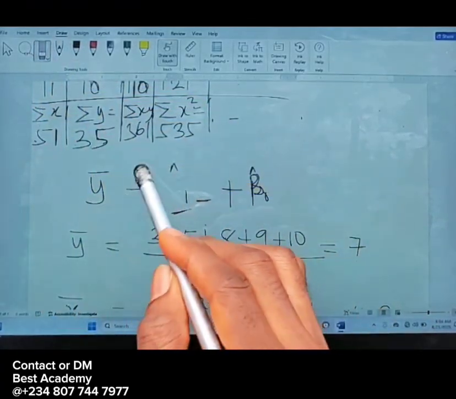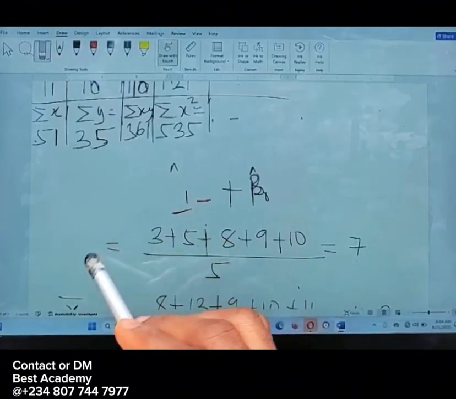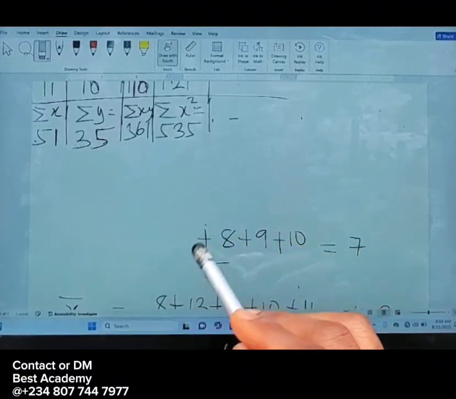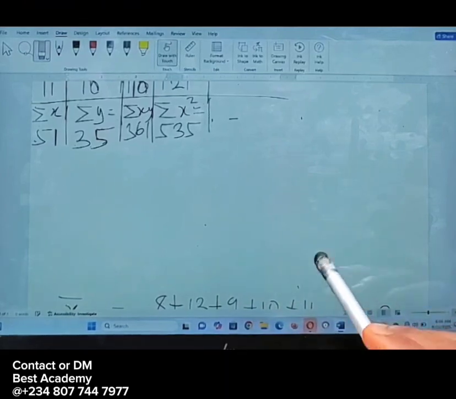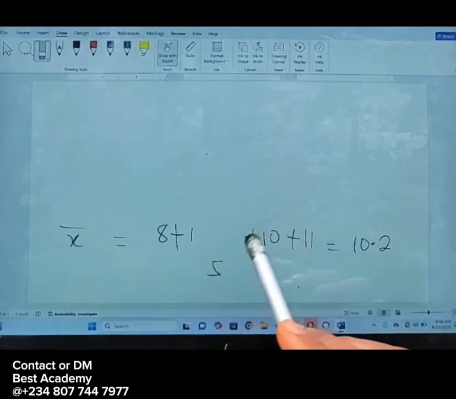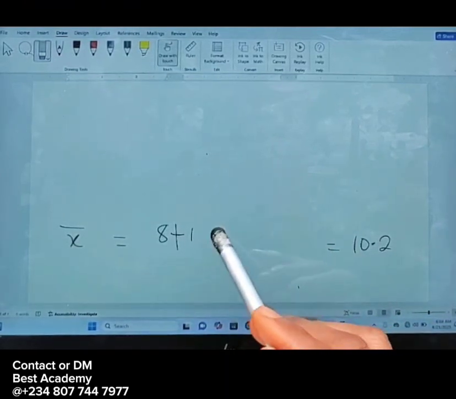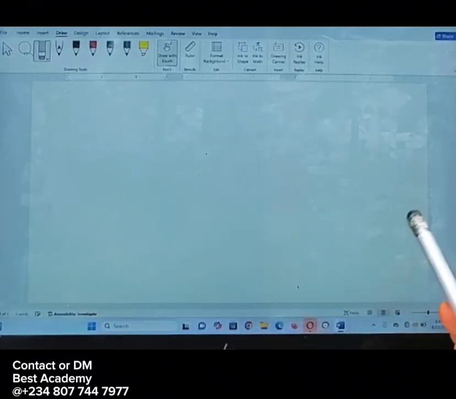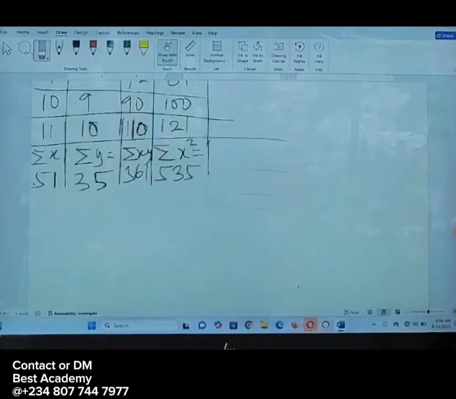Okay, so we have to solve for beta 1 hat, that is the estimation parameter or estimation coefficient. After solving for beta 1, we can easily find beta naught also from that estimation equation. So now let's replace the value here.